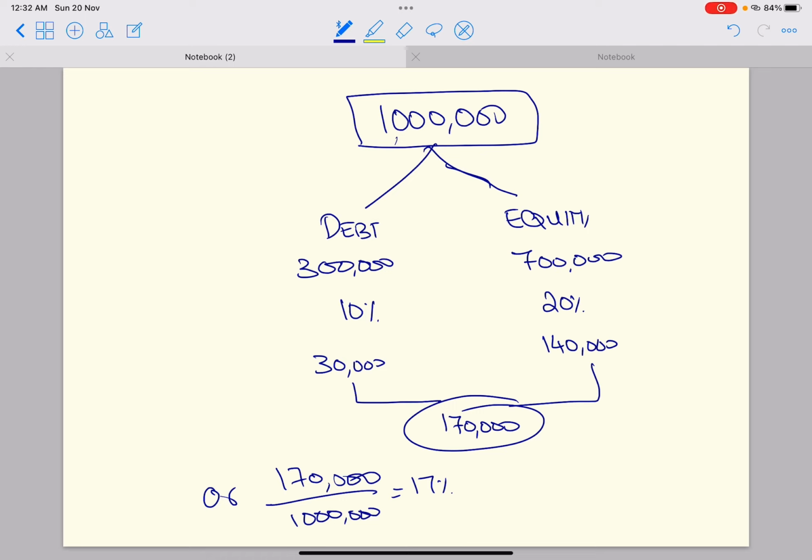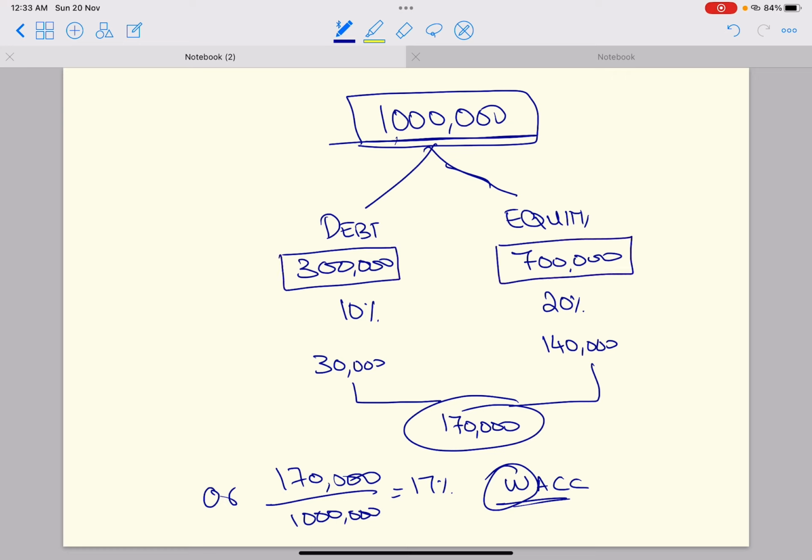Another way to look at this is through the WACC formula. The formula says that we need to find out weighted average cost of capital. So first we need to find out weights. And what do we mean by weights? In this terminology, we need 1 million, and 300,000 was from debt, 700,000 was from equity. Or I can say 30% of the capital came from debt, whereas 70% of the capital came from equity. 70% was 700,000 divided by the total capital requirement, that is 1 million.